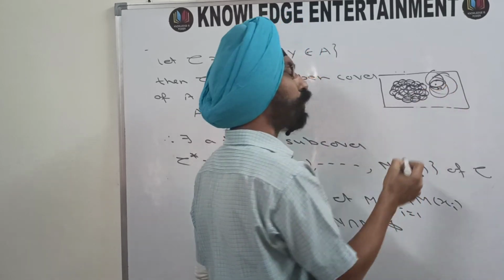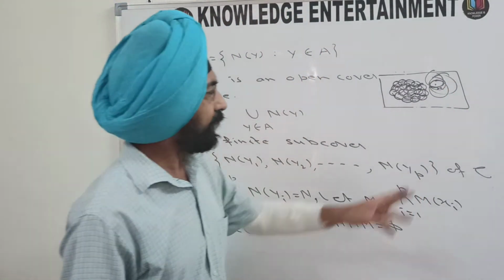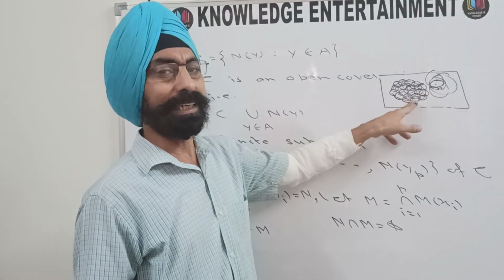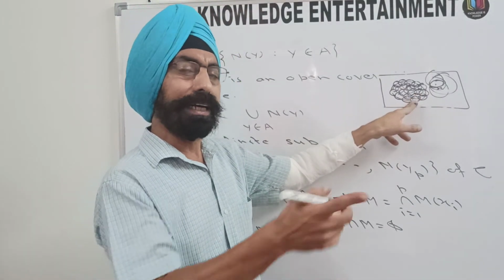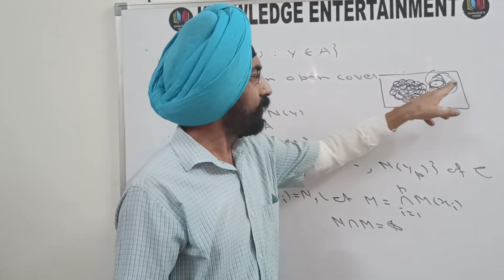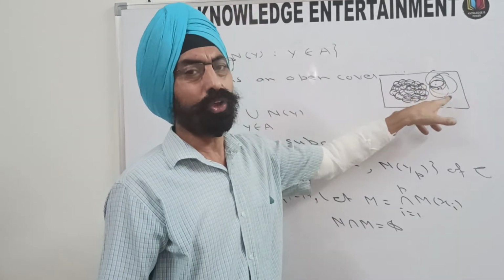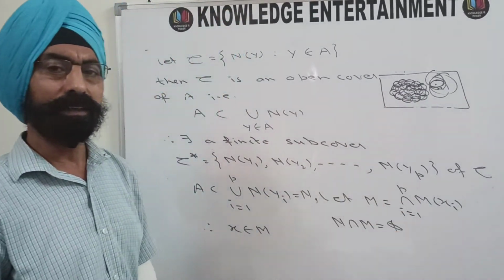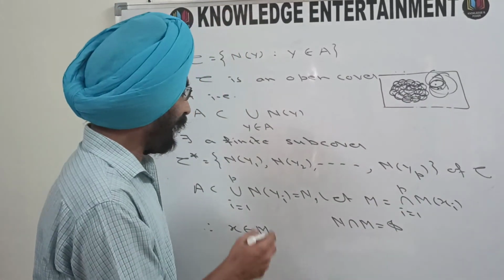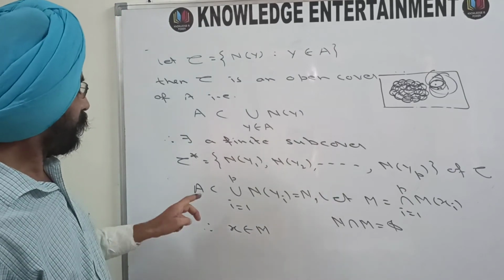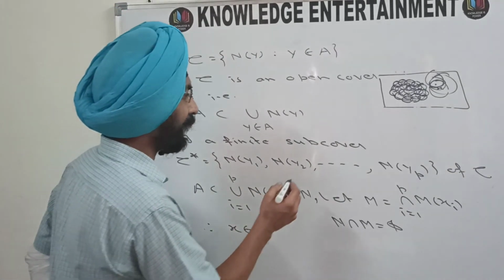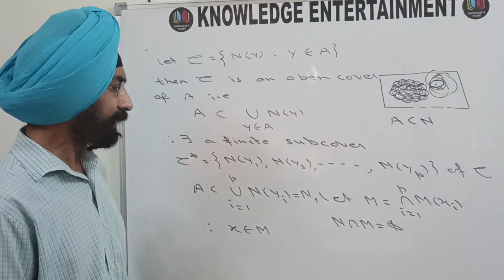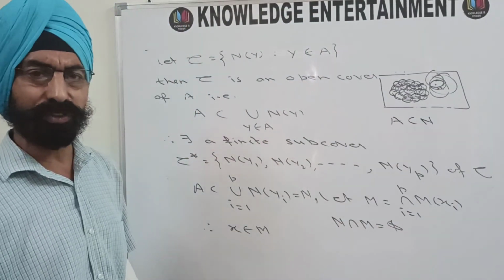So the intersection will be smaller. Since each of these is not intersecting the corresponding member over here, the intersection will also not intersect this union. So N intersection M is phi. Your A is a subset of N. A is a subset of N. N intersection M is phi.